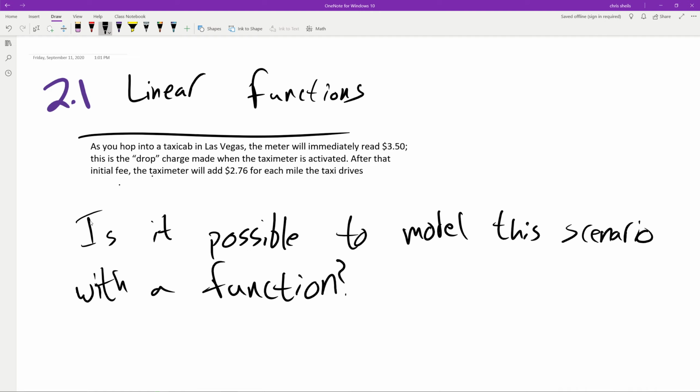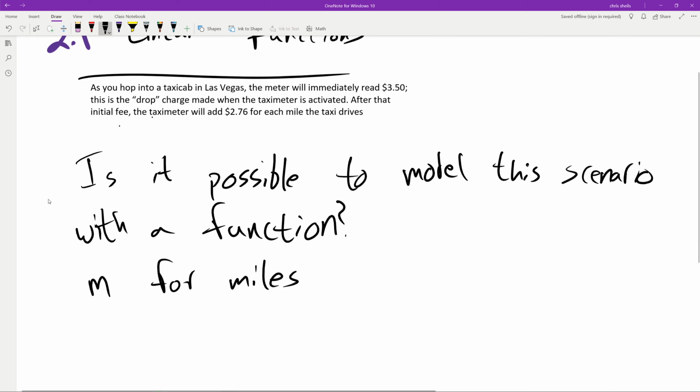Well, let's see. Let's choose some descriptive variables. Let's say that M stands for miles. And let's say that the variable C represents cost in dollars as a function of miles.